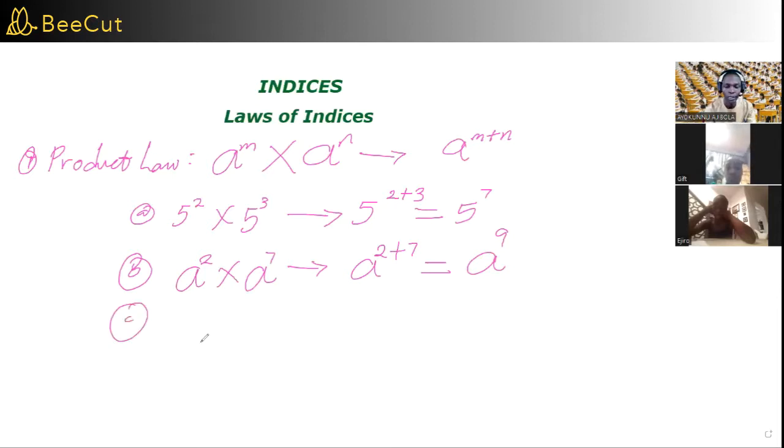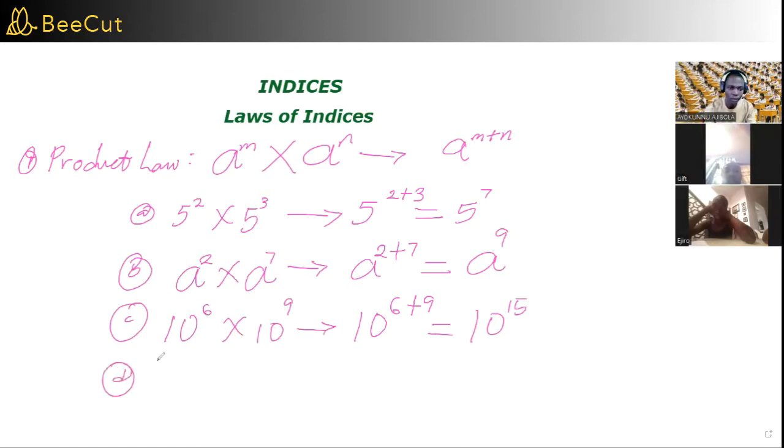Or another example, 10 raised to power 6 times 10 raised to power 9. This is going to give me 10 raised to power 6 plus 9, and that is going to be 10 raised to power 15. So that is what the product law is all about.